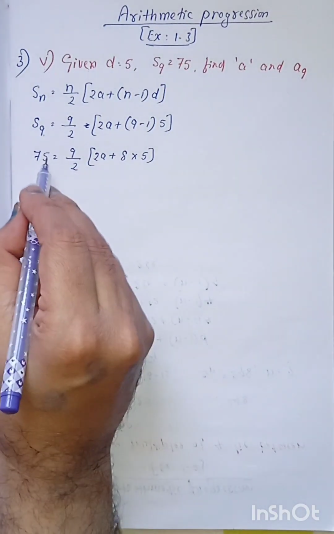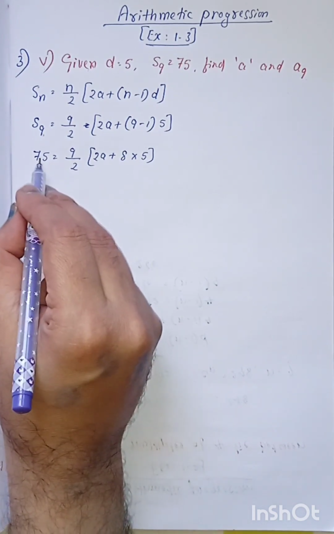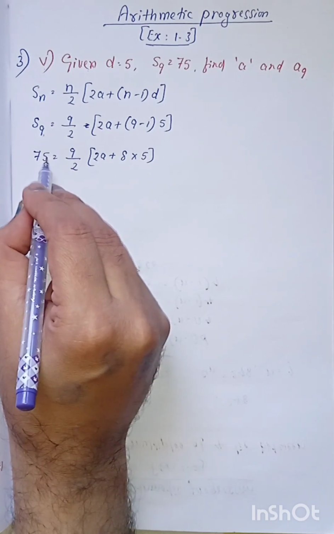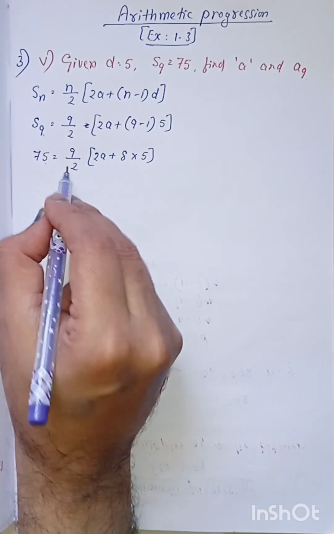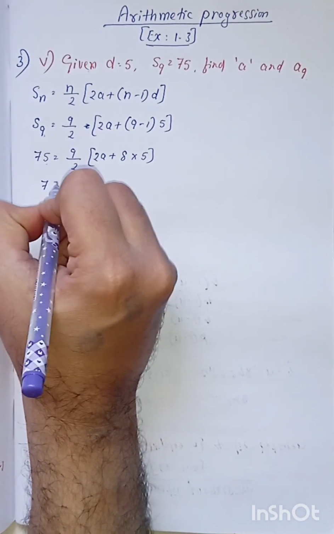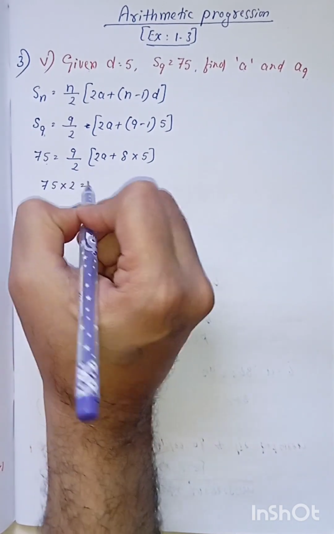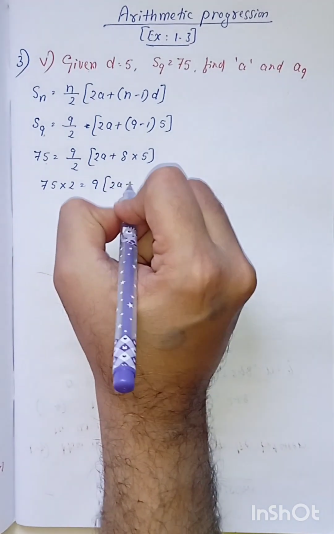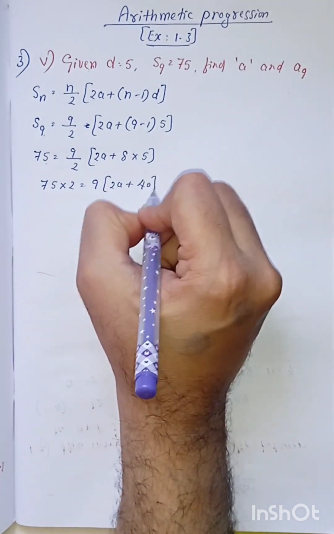In the next step we can do the cross multiply of this. Here we can take it as 75 by 1. So in the next step I will do 75 into 2 as cross multiplication. 75 into 2 equals 9 into 2a plus 8 into 5 is 40.